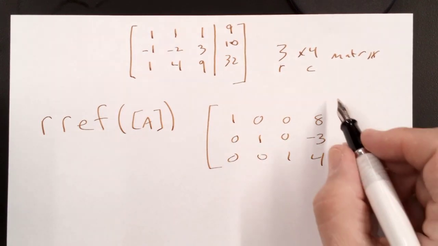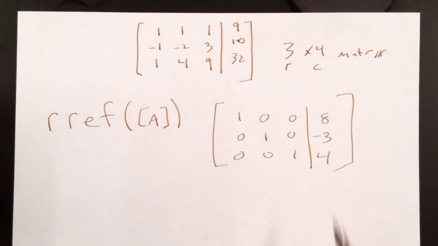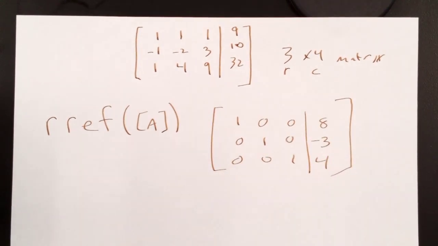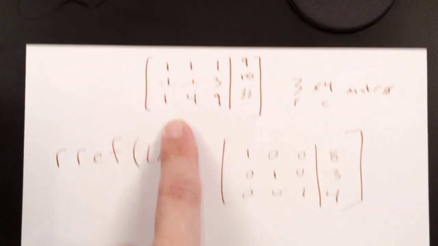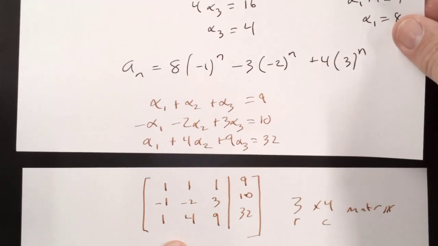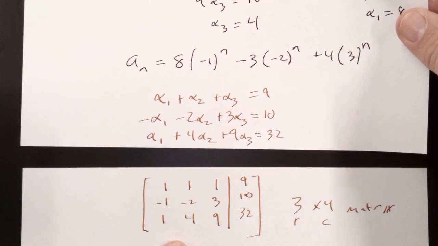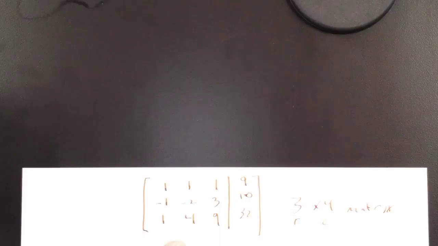Now, the calculator, unfortunately, is stupid and doesn't know that there's supposed to be a marker for the equal sign. So I'm going to put that marker back in. These came from these equations. So the first column represents the alpha 1s. And the second column represents the alpha 2. And the third column represents the alpha 3.